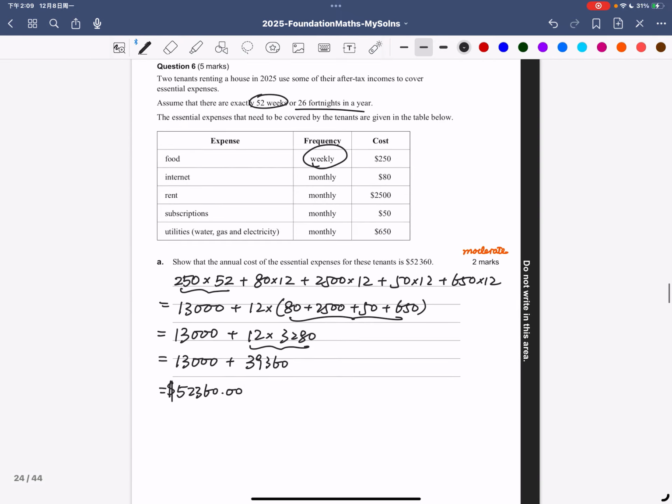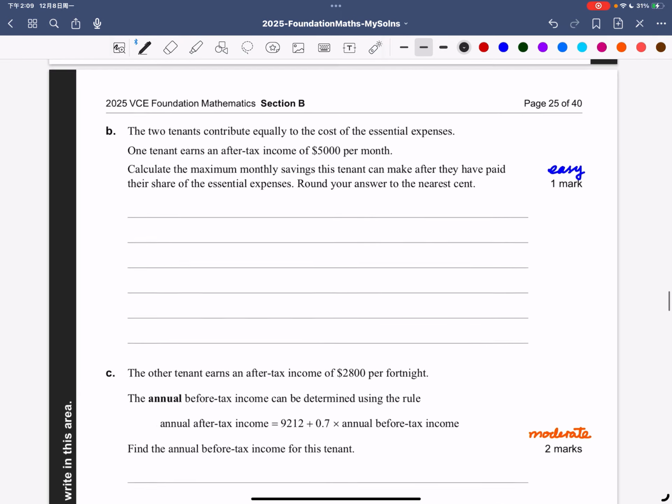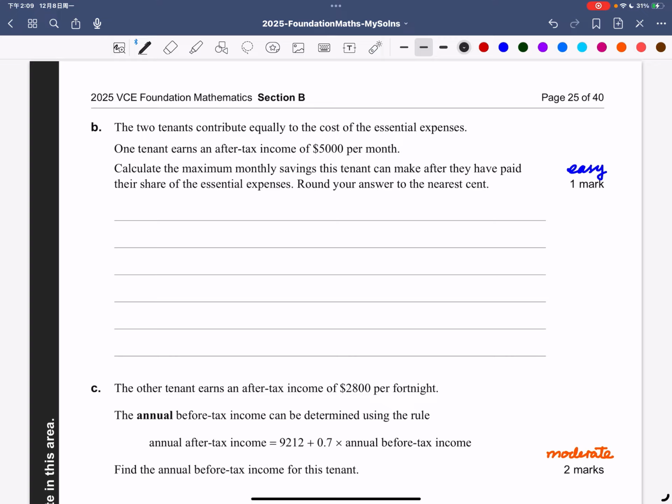All right. The 2 tenants contribute equally to the cost of the essential expenses. One tenant earns an after-tax income of $5,000 per month. Find the maximum monthly saving this tenant can make after they have paid their share of essential expenses. Round your answer to the nearest cent.